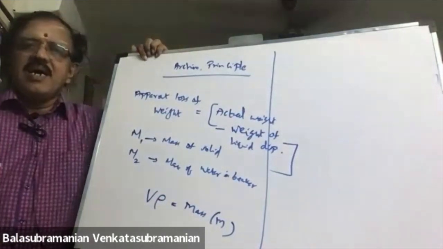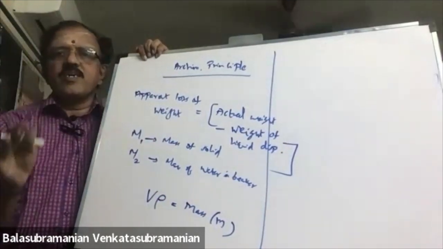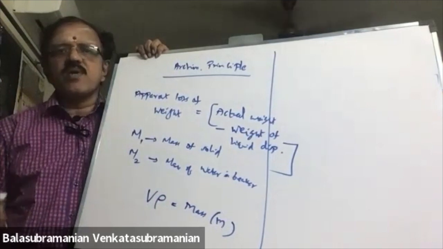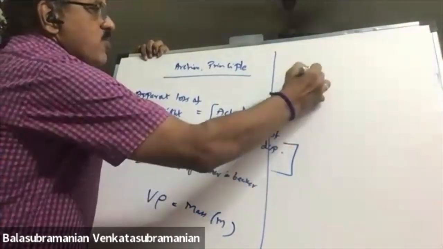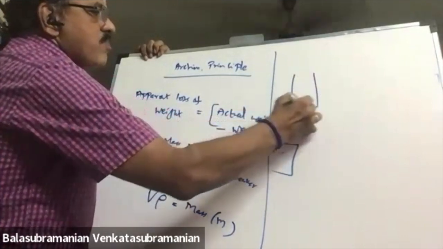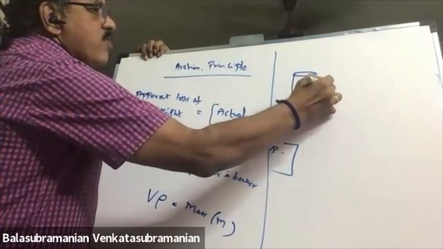Simple. Another experiment. Sir, this physical balance, I don't know. Simple experiment you tell. Physical balance itself is simple only. Okay. Suppose you have a beaker. Here we have one opening.